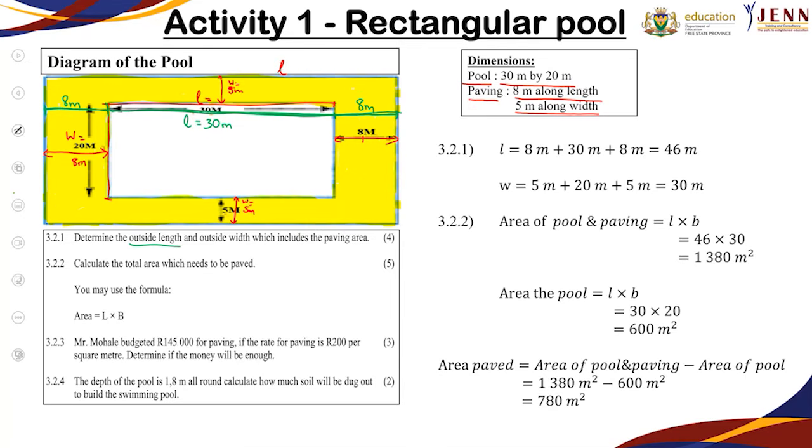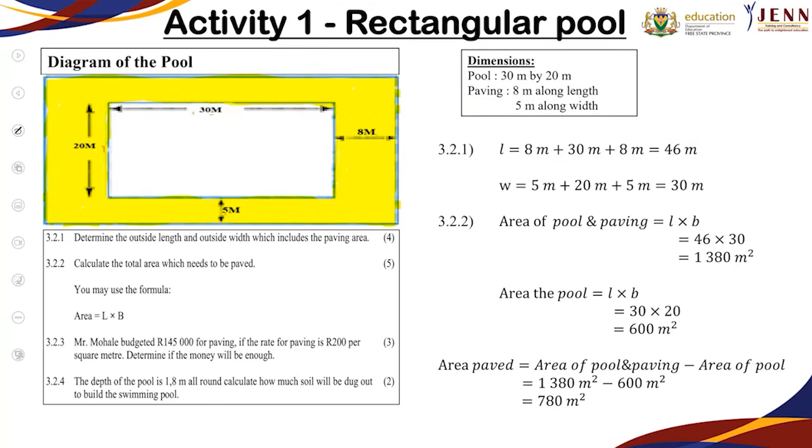So now I'm going to add up all of my length. So it's going to be the 8 meters of the paving plus the 30 meter of the pool plus the 8 meters, which equals 46 meters. So that is the length of the paving and the pool.